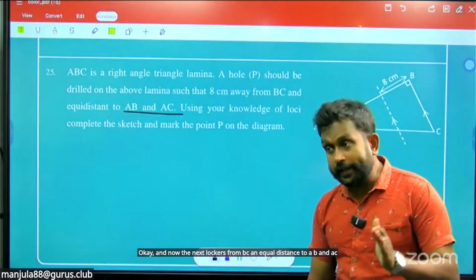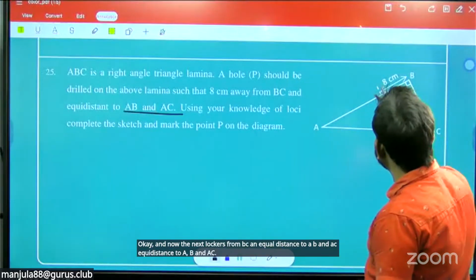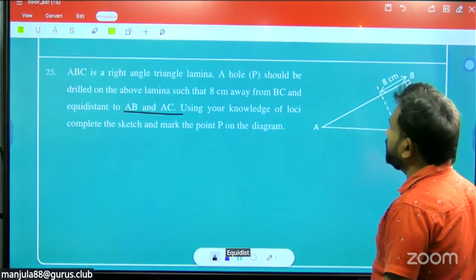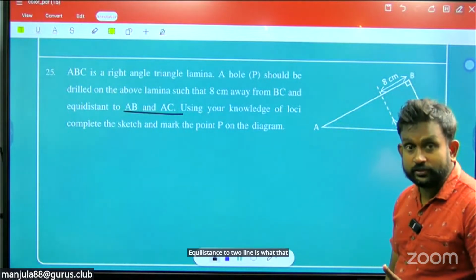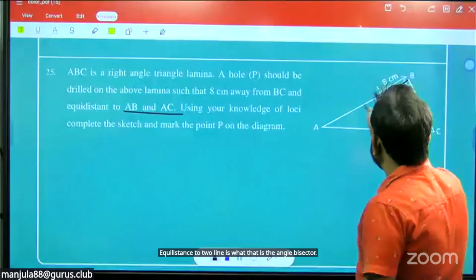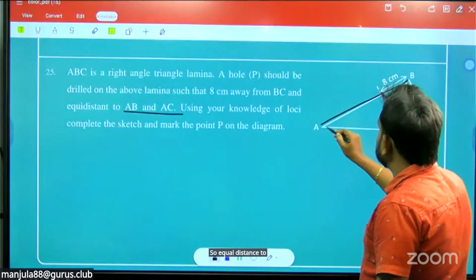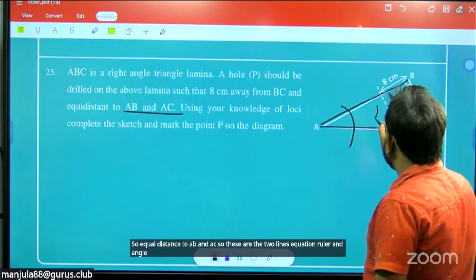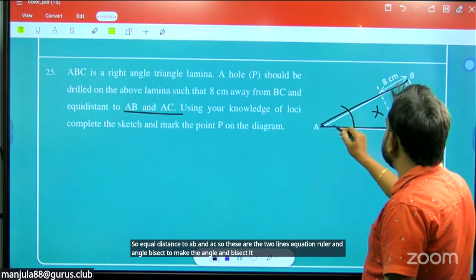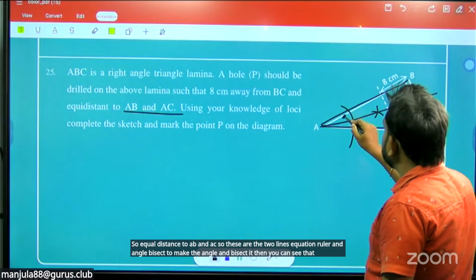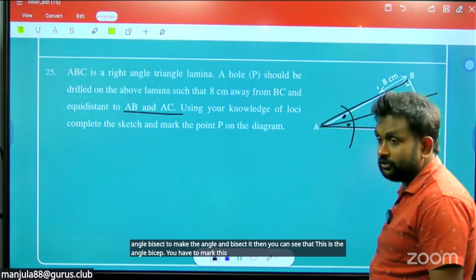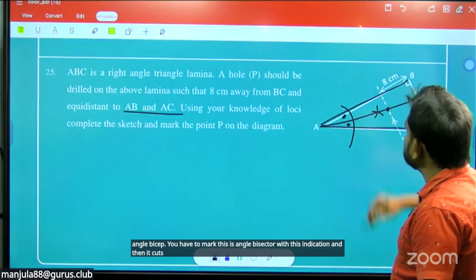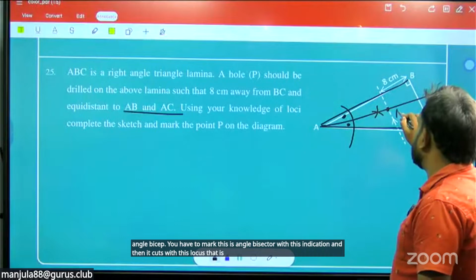AB is a line, AC is a line. Equidistant to two lines is what? That is the angle bisector. So make the angle and bisect it. Then mark the angle bisector, and where it cuts this locus, that is the point P to be located.